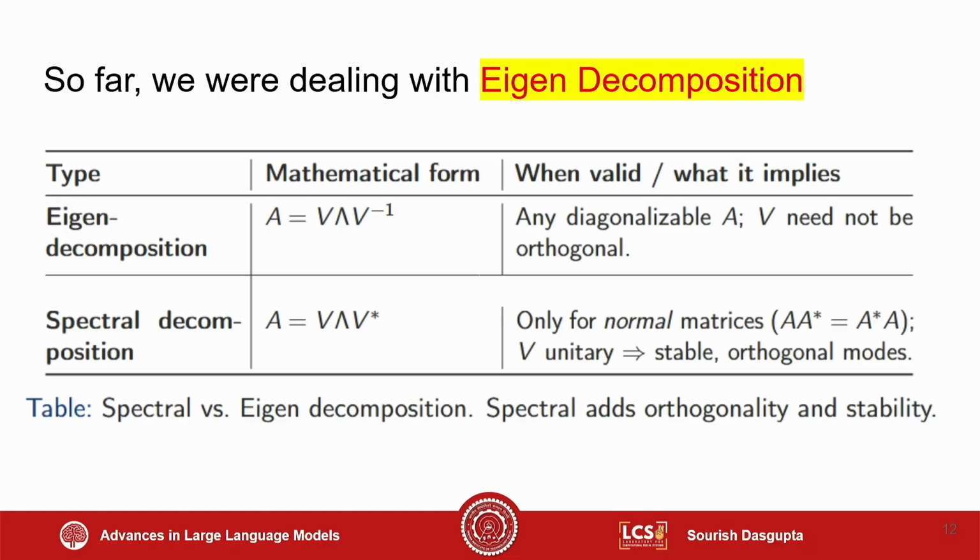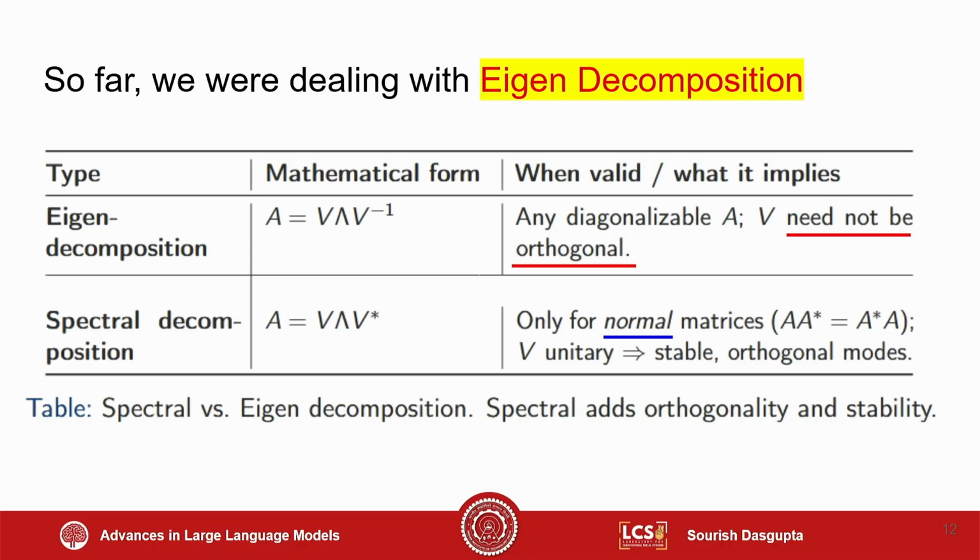That condition has to be there. Only then you can do the spectral decomposition, which is a particular form of eigendecomposition, where you can guarantee that your eigenvectors will be perpendicular to each other. So basically you need yet another thing, which is to make your A normal. But how to do that now?